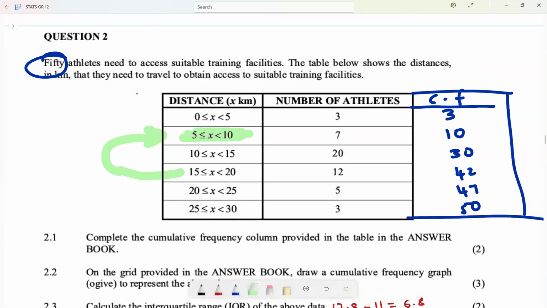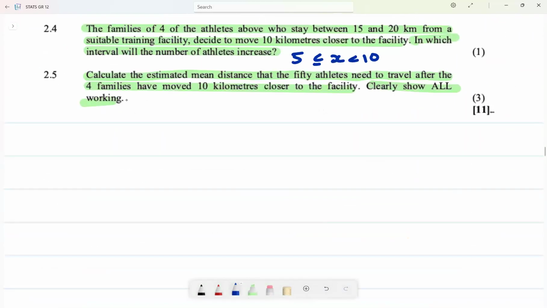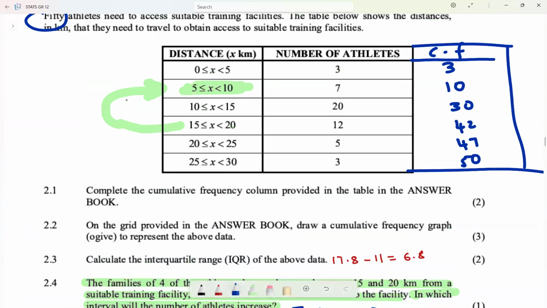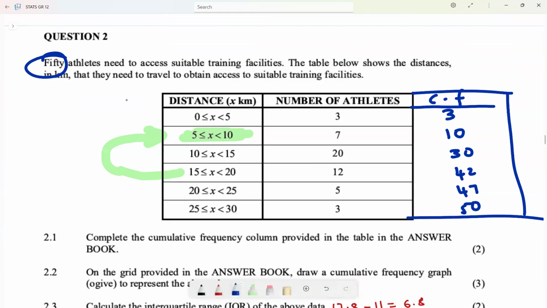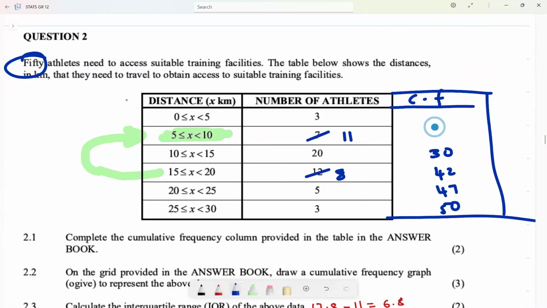They said 4 families of the athletes, so it means here it will no longer be 12, but it is now 8. And here it will no longer be 7, but now 11. So we need to find the new cumulative frequency for those people.